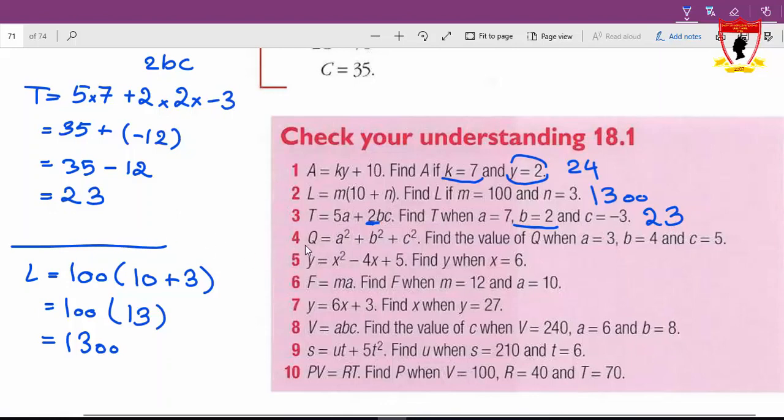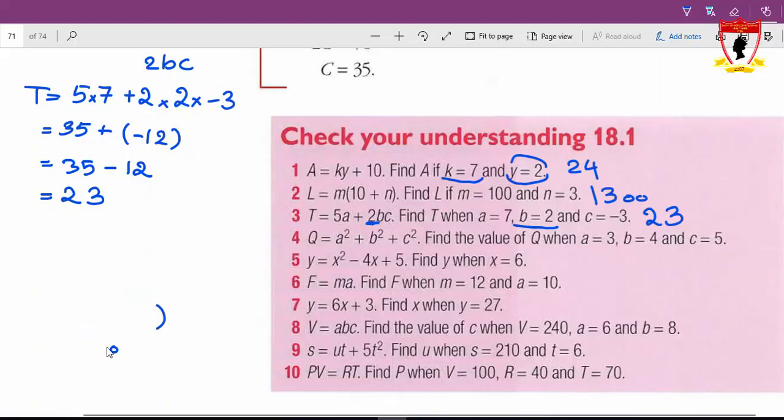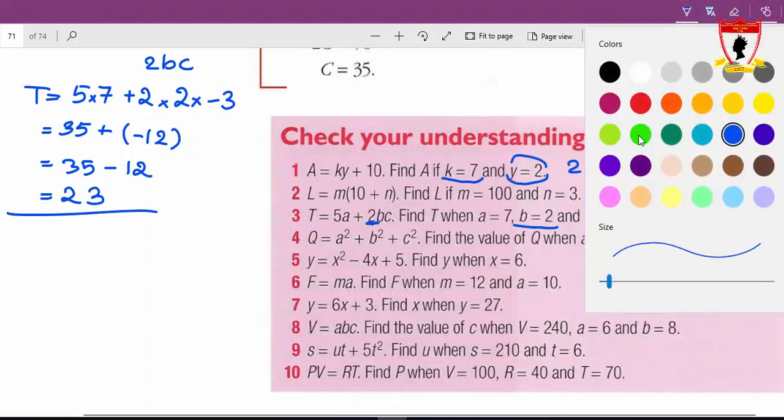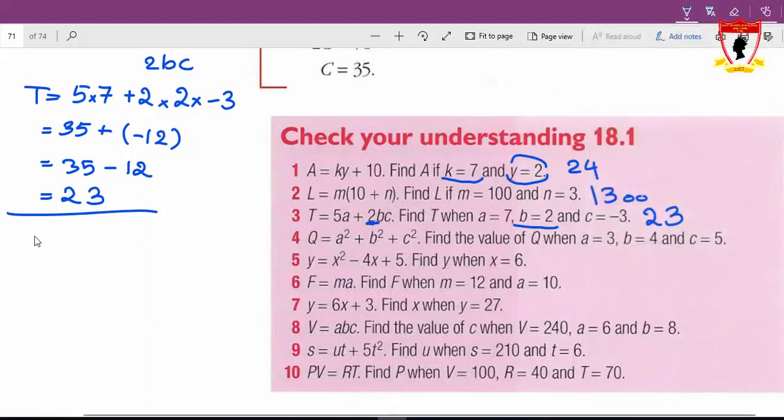Question 4. Q is equal to a squared plus b squared plus c squared. The values of a, b, and c are given. So we are going to square them, then add the results. Q is equal to a squared plus b squared plus c squared.